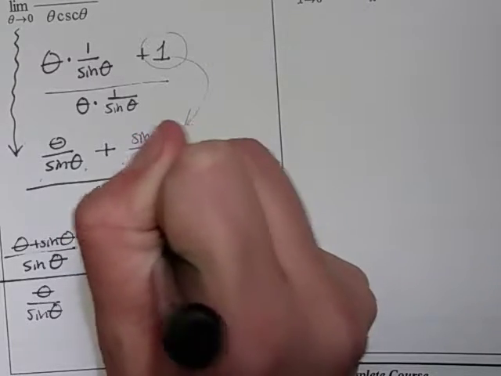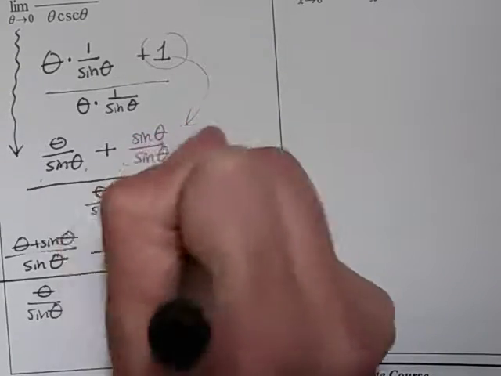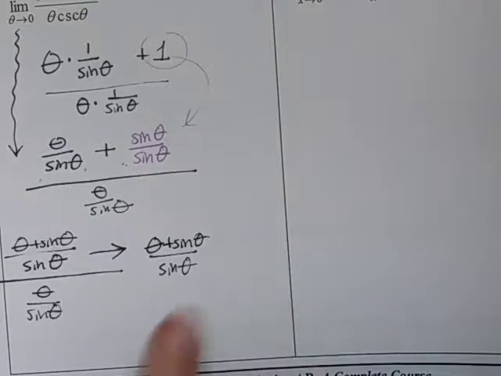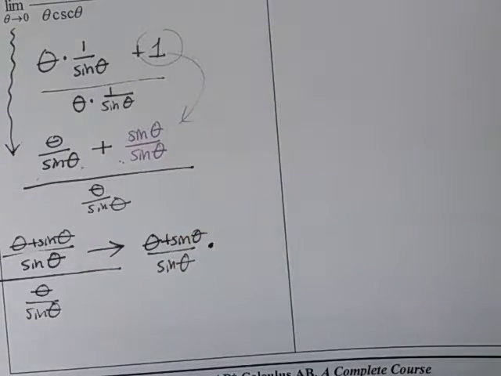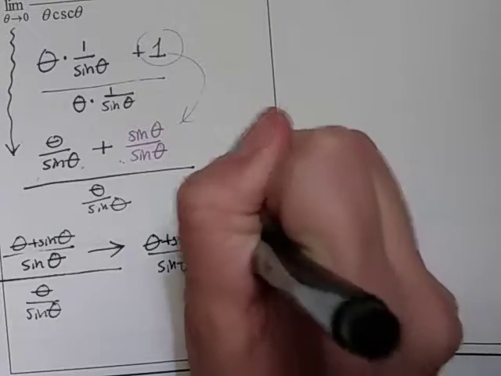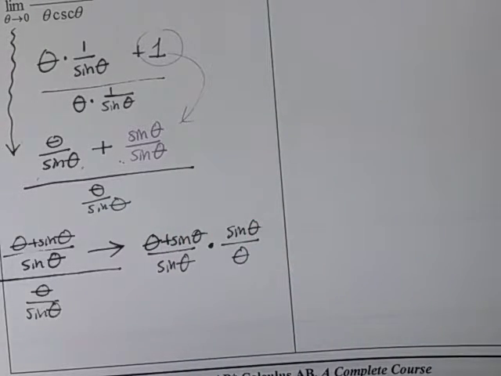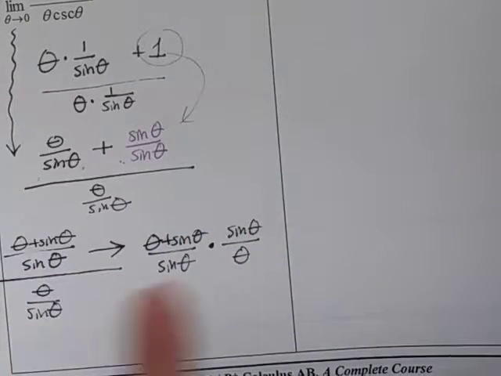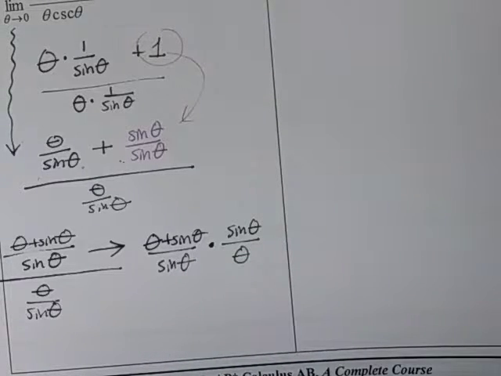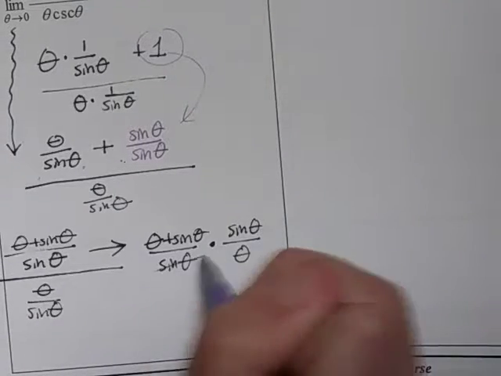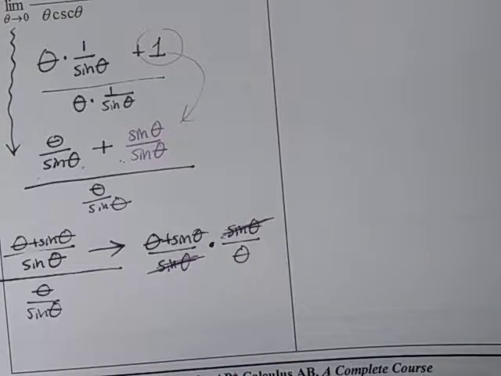So I have theta plus sine theta over sine theta multiplied by the reciprocal here. I'm going to have sine theta over theta. And again, that's because we don't like dividing with a fraction. We multiply by the reciprocal instead. There we go. So I see that this sine and that sine cancel each other away.